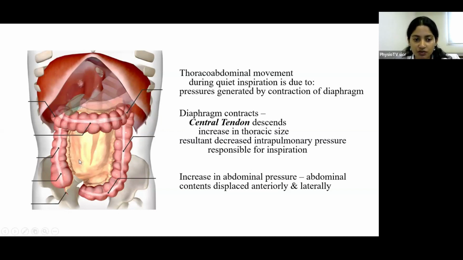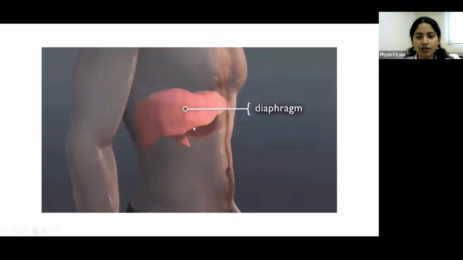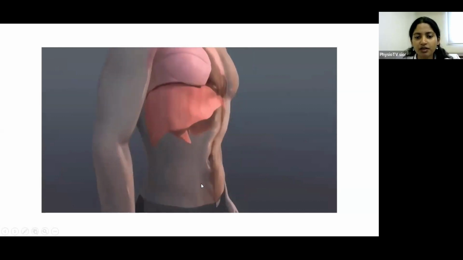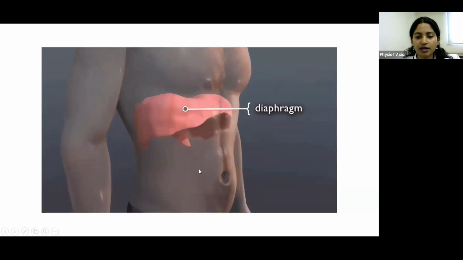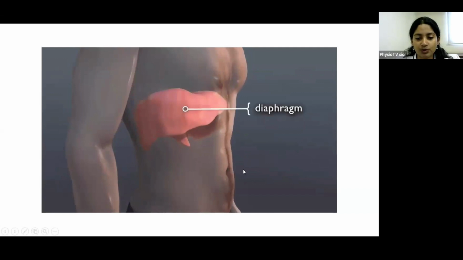Because of this increased abdominal pressure, the contents are going to be displaced forward or laterally. This is a video just showing that. Once the diaphragm comes forward, the abdomen is pushed forward, and the contents inside will also be pushed forward, or anteriorly, as well as laterally.